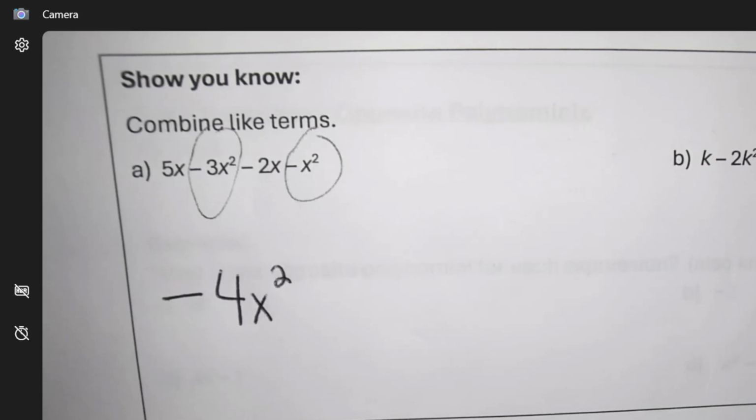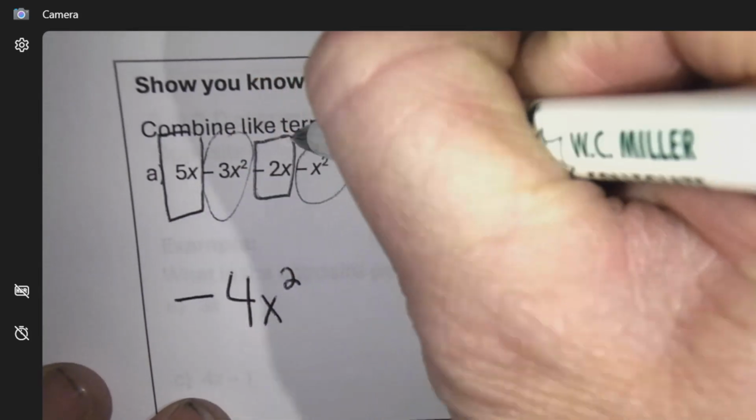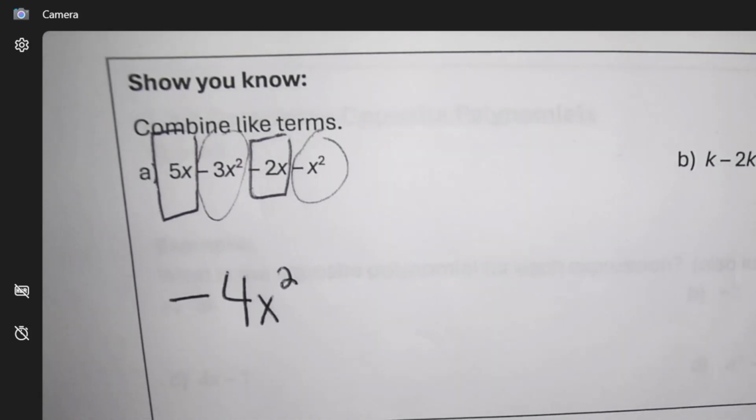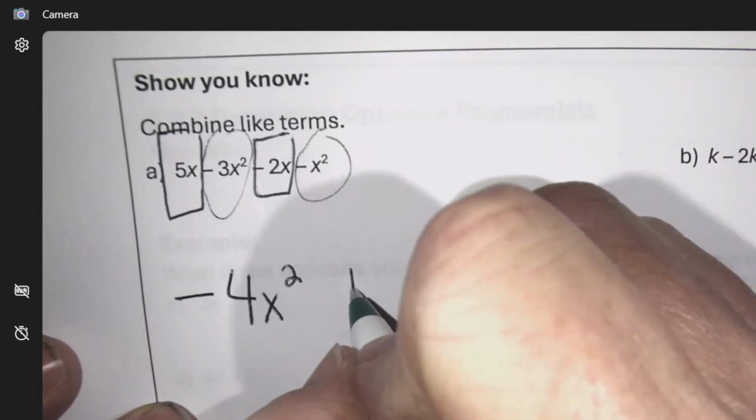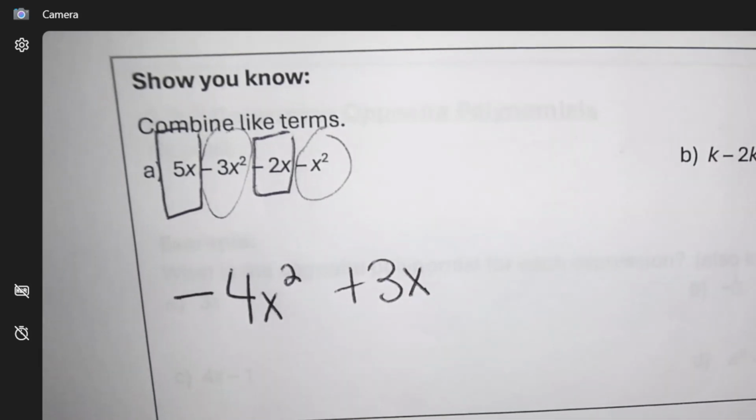Does that seem good? Now to identify those as like terms so they could be put together: there was 5x and I took away 2x, which means I'm at 3x.